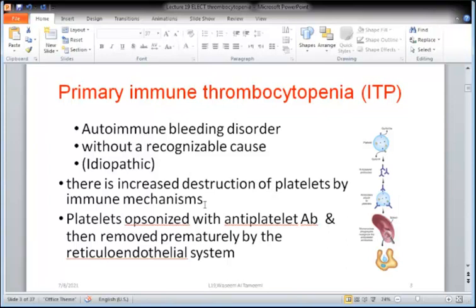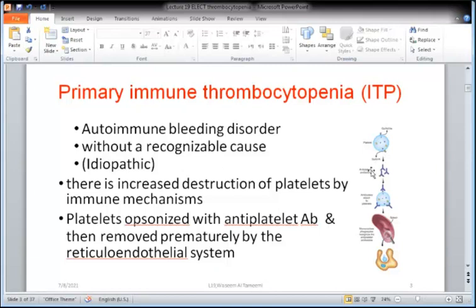In this situation the platelet is opsonized by antiplatelet antibody and then removed prematurely by the reticuloendothelial system. Look at this figure. Normally, the platelet should have no antibody overlying its surface. Due to any trigger for the immune system, whether a non-trigger or unknown trigger, there will be a specific generation of antiplatelet antibody.